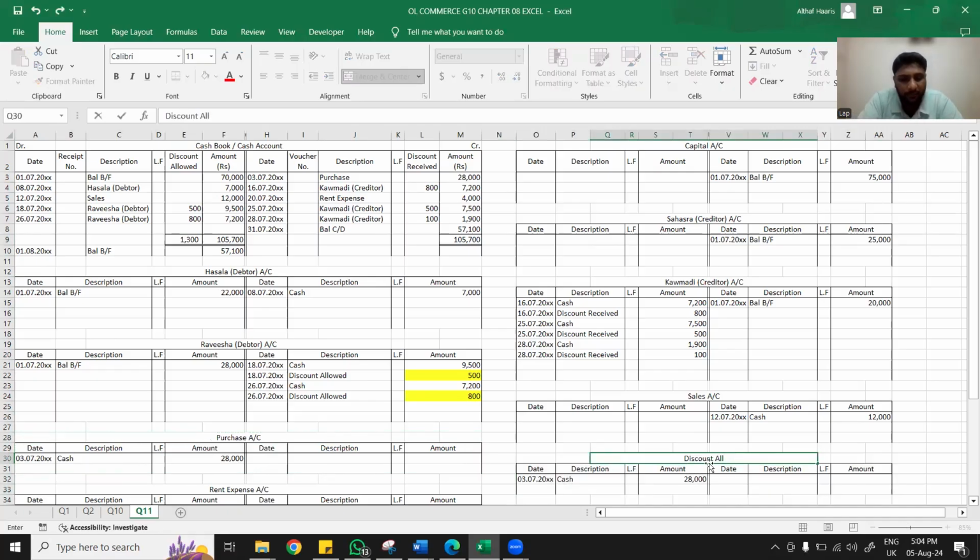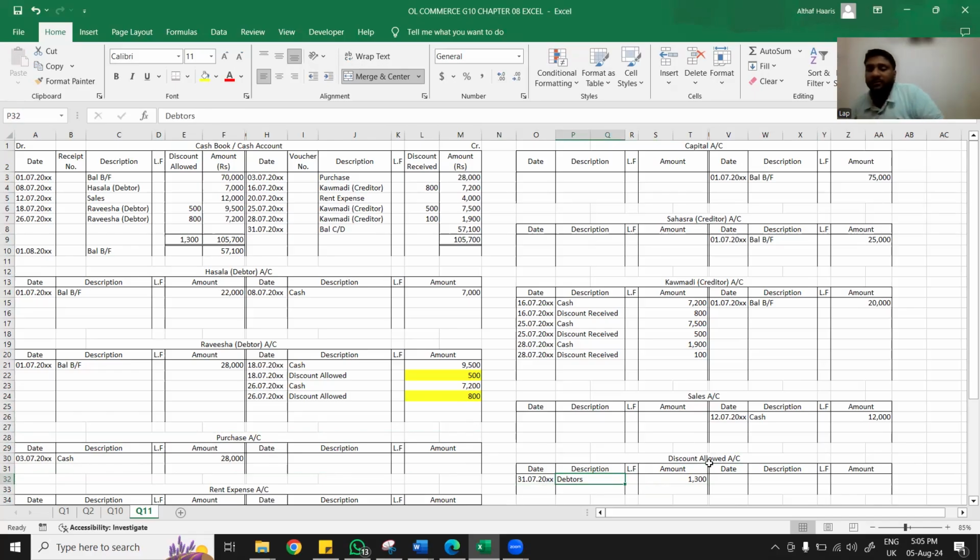Discount allowed account 1,300. Here all the debtors, because we are taking the total now. So here total debit for the discount allowed, individual accounts credit. Simple as that.